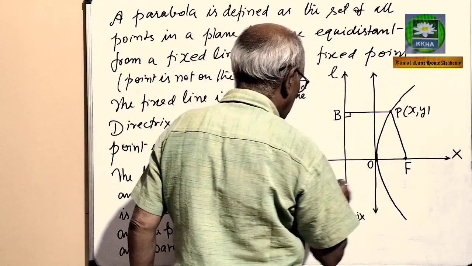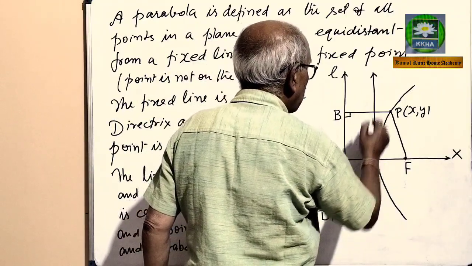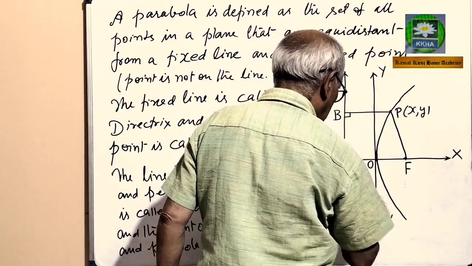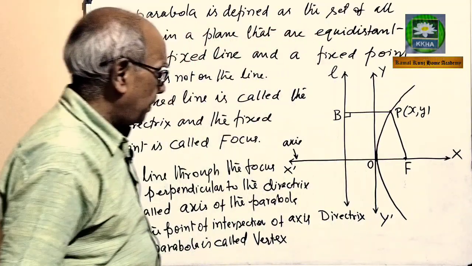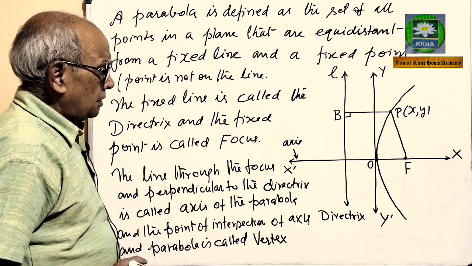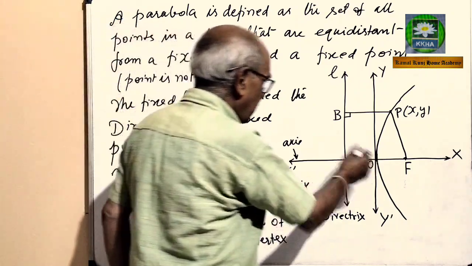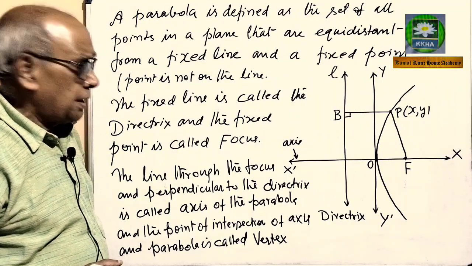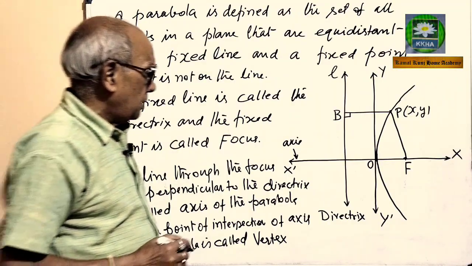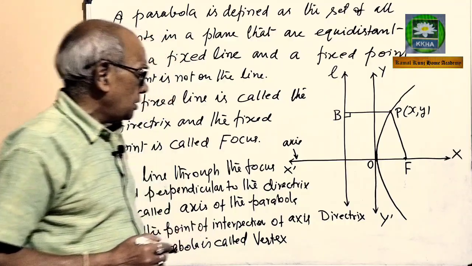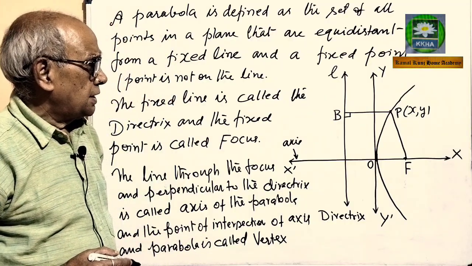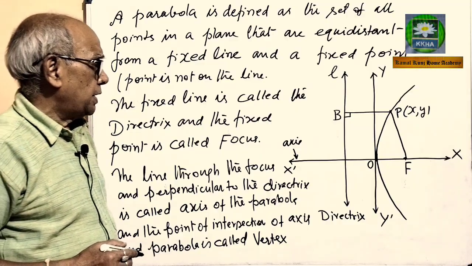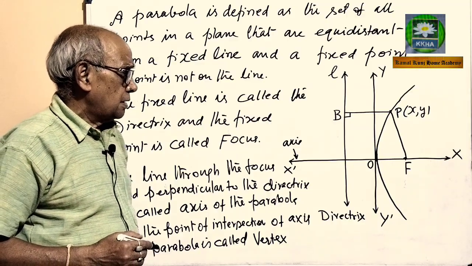This is the vertex. So x dash O x and y O y dash are the coordinate axes. Then origin is at 0, 0. If origin is taken as 0, 0 and x and y coordinates are taken as axis of the parabola, then the equations obtained are in its simplest form.